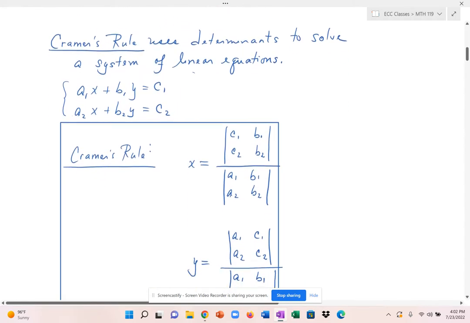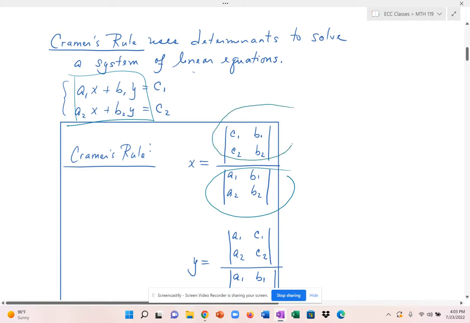So the rule says that I can evaluate x by taking the determinant of the leading coefficients in the denominator, and in the numerator it'll be the same, except the constants are going to replace the x column. So it's almost the same as the one below, except the variable that you're solving for, x, that's associated with column 1, gets replaced with the constants.